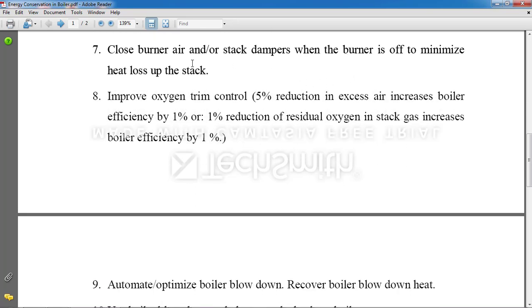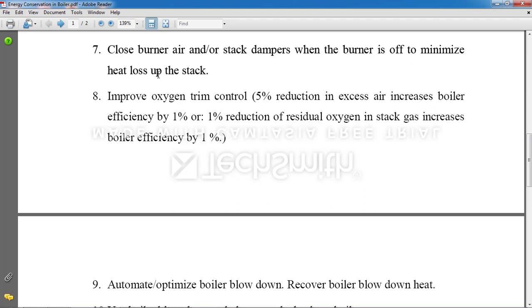Now again, this point is related to the power plant if we are supplying the heat by burning diesel. Next point is close burner air and/or stack damper when the burner is off to minimize heat loss up the stack. That is the condition when the boiler is not working. Right now the condition is like that because of the lockdown, all the industries are shut down, and hence the total load on the power system is now only 40%. 60% of the load was by industry and 40% by domestic, so this 60% is reduced.